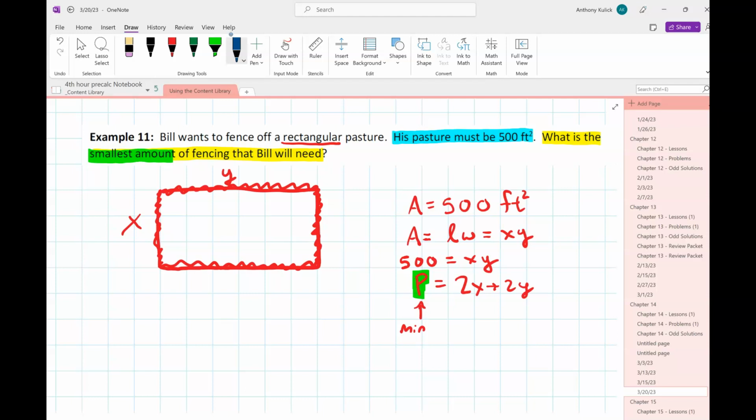Well, I'm going to choose to eliminate the y. And the way I'm going to do that is I'm going to use my equation for area to get y by itself.